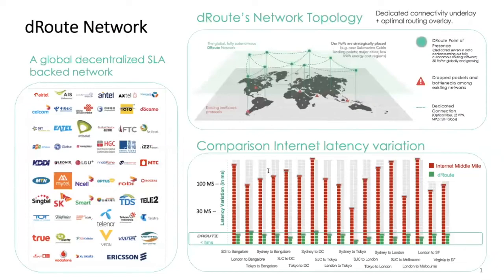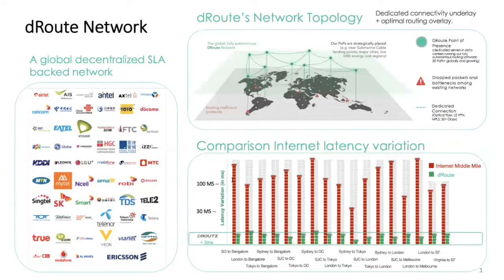And as a comparison with the internet latency variation, you can see that we did some actual network testing between multiple node pairs, as you can see, Sydney to Tokyo, San Jose to London, and so forth.